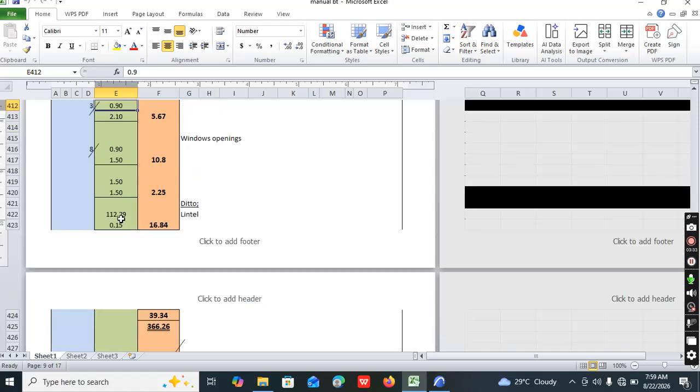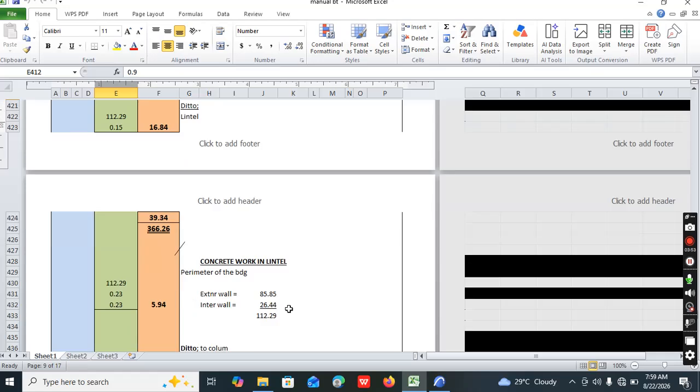We still deduct the lintel level because the lintel is going to be reinforced. That is why we deduct it. The lintel is not among the block. So that is for that.